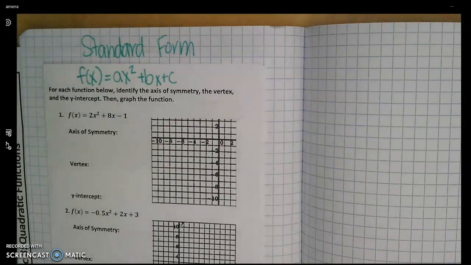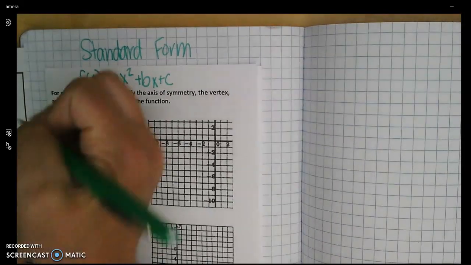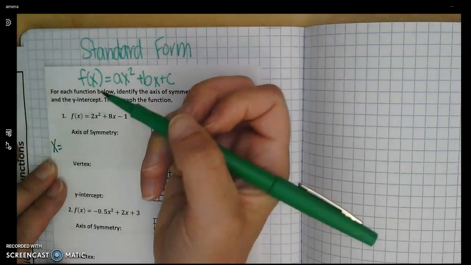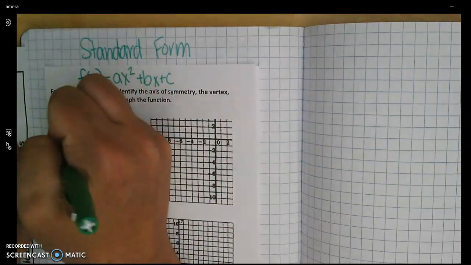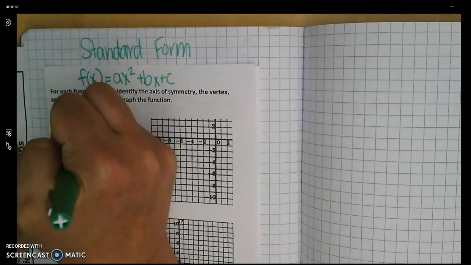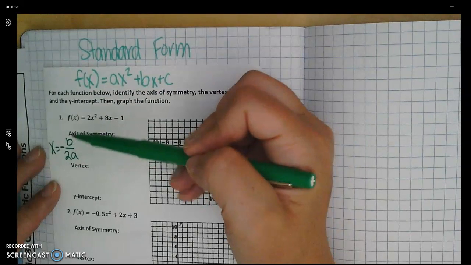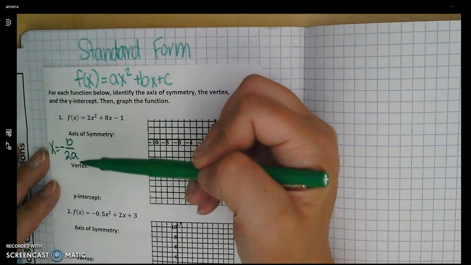And in order to find that axis of symmetry, that point where the equation mirrors itself, we're going to use a very specific equation that you're going to have to remember, but it's pretty simple. This equation is x equals negative b over 2a. We're going to use the quadratic to fill in the variables b and a.